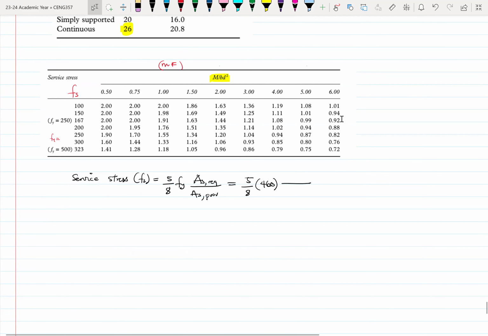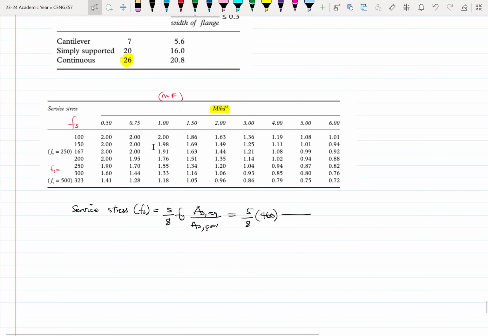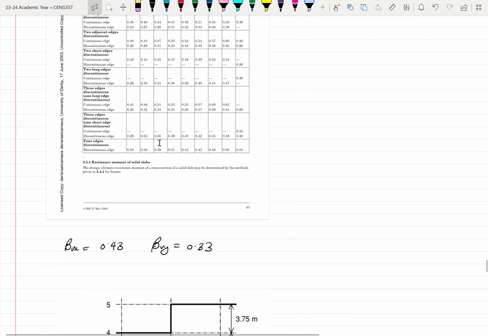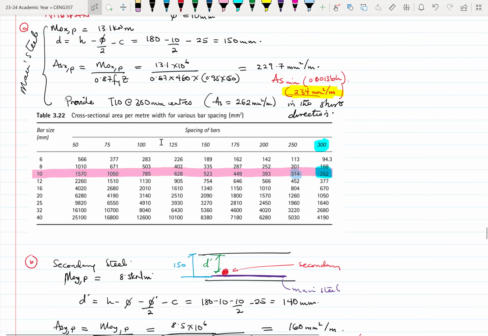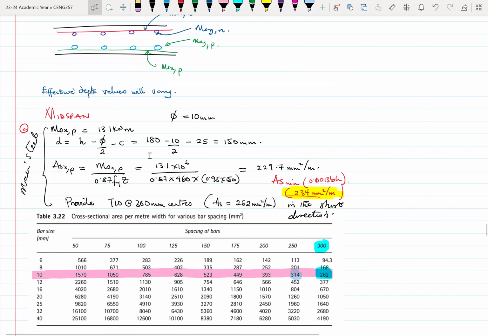Since we are dealing with the mid-span, because that's where we'll find the maximum bending, mostly it's going to occur at mid-span. If you go back to those calculations for the mid-span, I had 230 for my As calculated, and the 262 was what I provided.